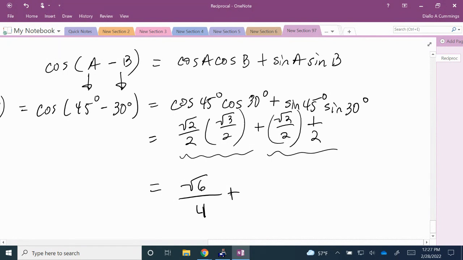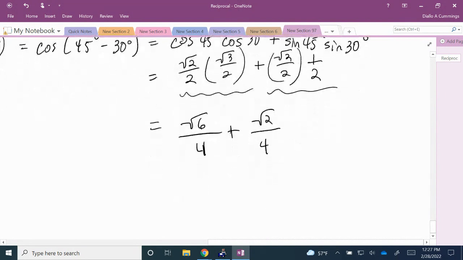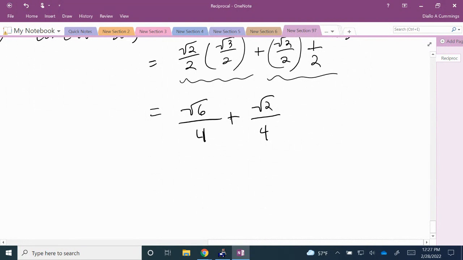Plus square root of 2 times 1 is square root of 2, and 2 times 2 is 4. Now we're at the point where we're adding fractions. We have a common denominator, so we keep it and combine the numerators.